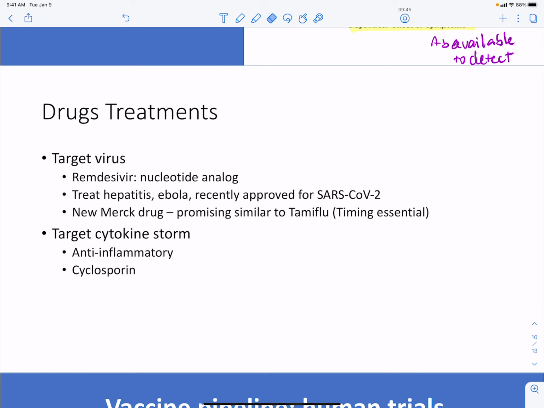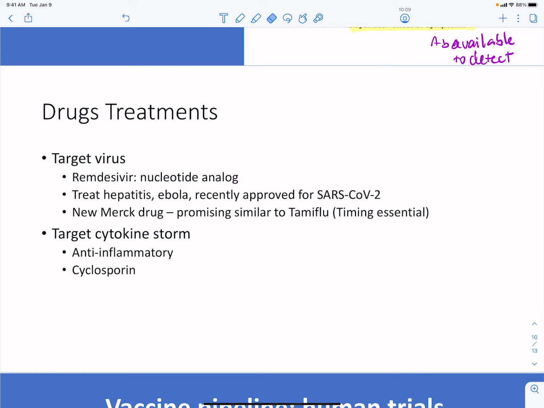And you can think about the life cycle of a virus and why that makes sense. Tamiflu is going to prevent the assembly of the virus. It's going to target neuraminidase. And so if you have too much virus already around, it's infecting other cells, it quickly can get out of hand.